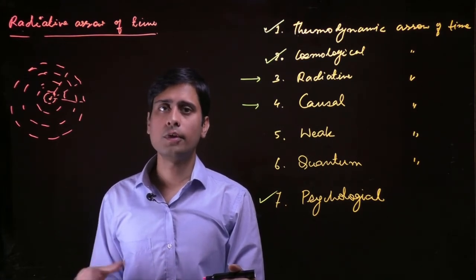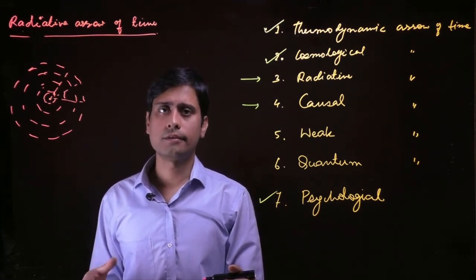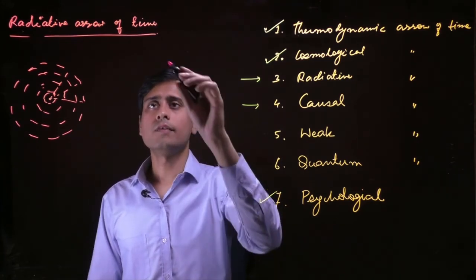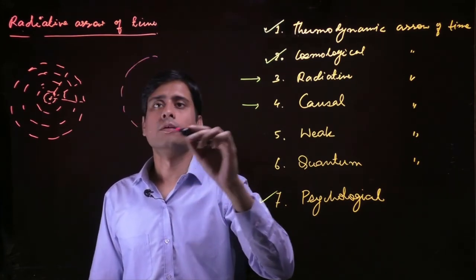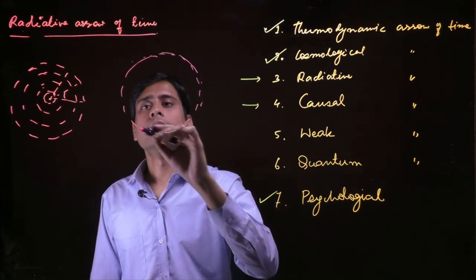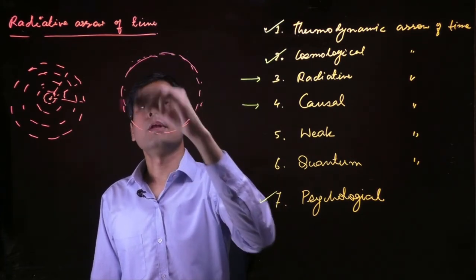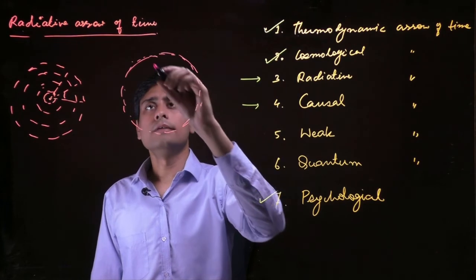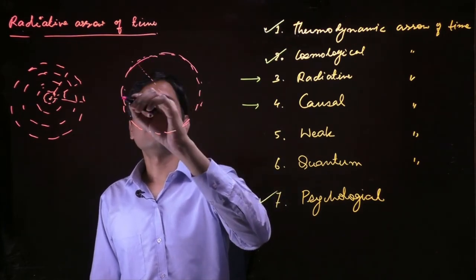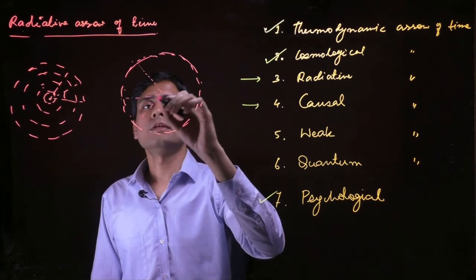And there is also some sort of possibility for waves which are converging in nature. There are certain oscillating particles on the periphery of a circle, and these particles are generating waves, and these waves are converging on a point.